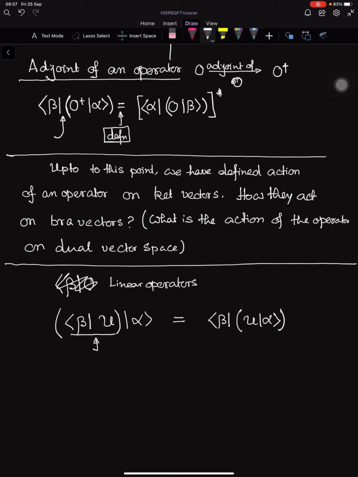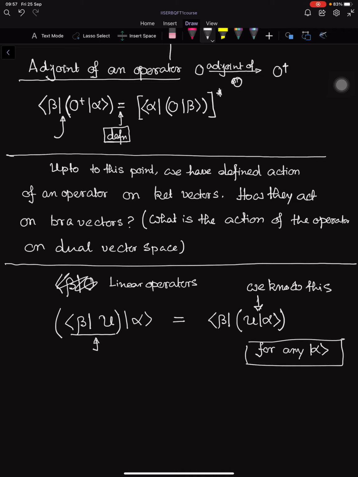For any alpha, we know this action because this is the way the action of an operator was defined.